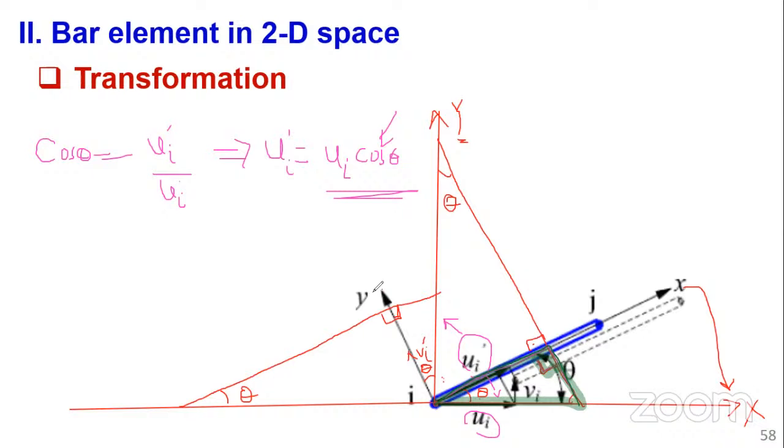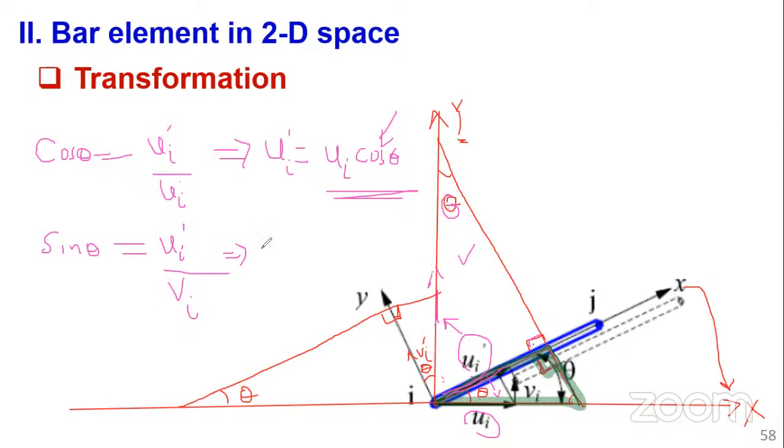In a similar manner, I can also resolve this component in this direction, because it has a vertical component and a horizontal component. So for the vertical component, I use sine theta. Now in this case, because I want to resolve it around this, I use this triangle. So I see this right angle, I have this angle theta. So sine theta is equal to opposite, which is ui prime, over hypotenuse. Now, this is our global vertical, so vi.